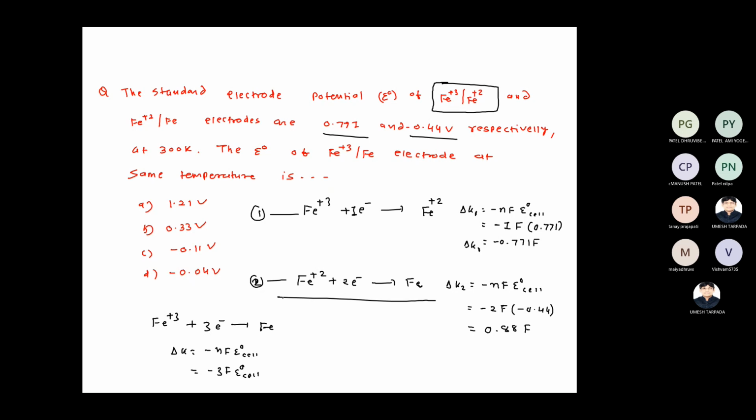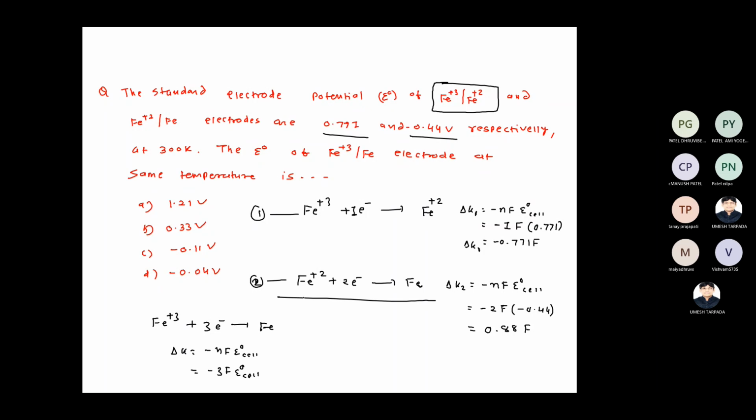Will it be subtraction or summation of these two? Summation, because you require 3 electrons. So 1 plus 2, it's 3.